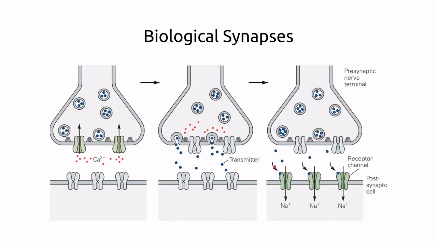This binding can cause, for example, sodium ion channels to become open, which will allow for an influx of sodium, which will cause the action potential which we modeled in the Hodgkin-Huxley model previously.